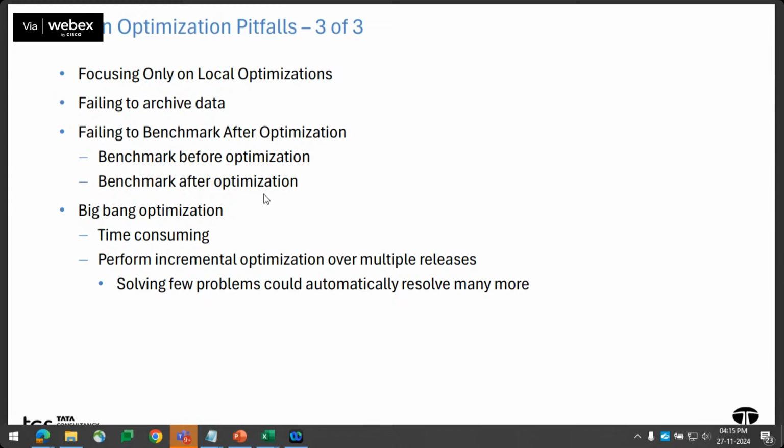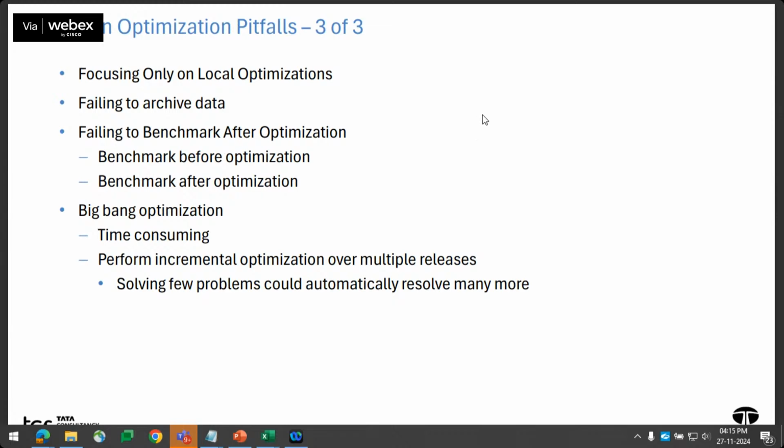And then we'll continue with our optimization, and keep doing incremental optimization, solving a few problems, and solving some problems could automatically resolve a few other problems. So we might not have to look at those.